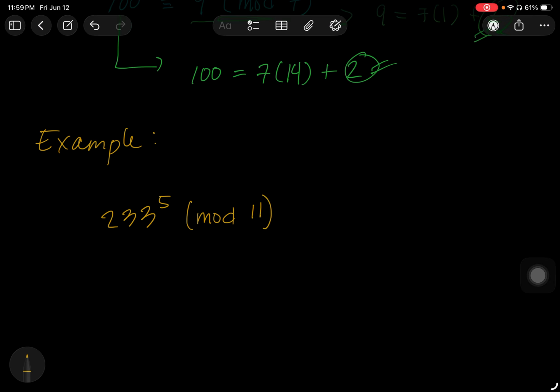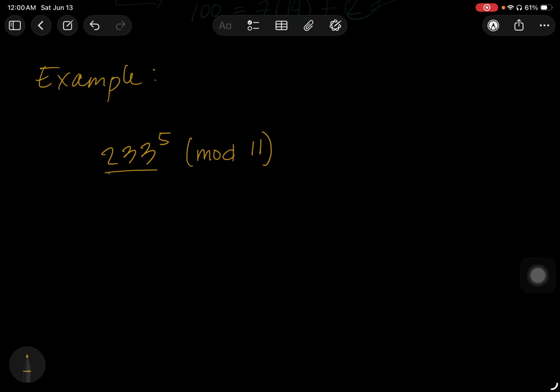We're trying to find the least residue of 233 raised to 5 mod 11. As we observe, the base is greater than the modulo, so basically we can still find a congruence for this one.